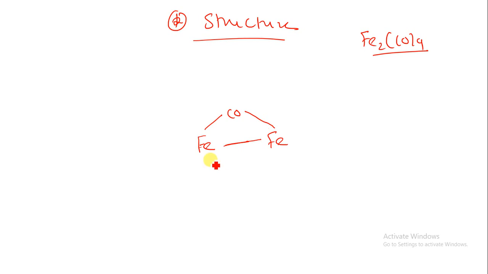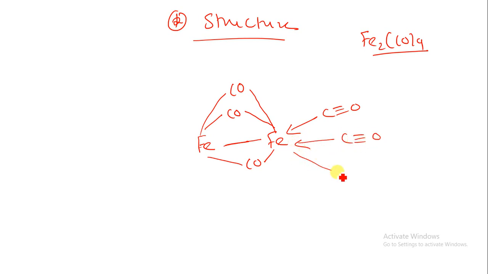So I am writing one bridge over here, a second bridge here, and a third bridge here between the two metal atoms. Now 3 terminal CO ligands on each metal: one, second and third CO.